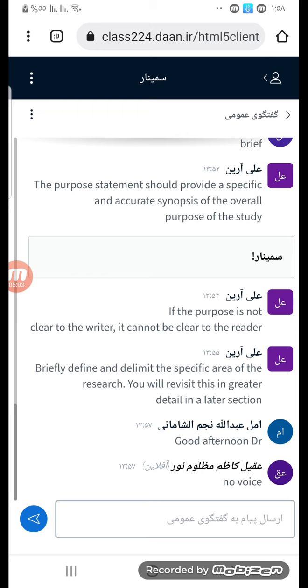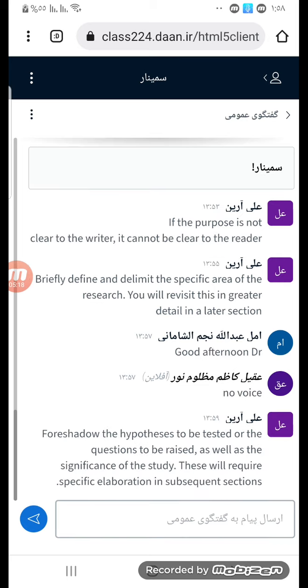Then here in the purpose of study, my dear and lovely friends, just remember in this part you can talk something about the significance of study, about the questions, about the hypothesis of yourself. But as I already mentioned for you, for the students of literature, we do not have hypotheses, okay? We have just questions for our studies, like thesis, like articles, and so on.